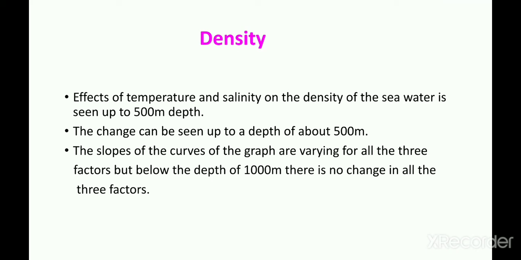If you see the graph carefully, you will realize that after a certain depth there is no change in these three factors, and the change can be seen up to a depth of about 500 meters. The slopes of the curves vary for all three factors, but below the depth of 1000 meters there is no change in all three factors: temperature, salinity and density.